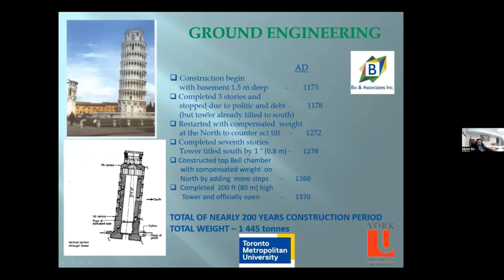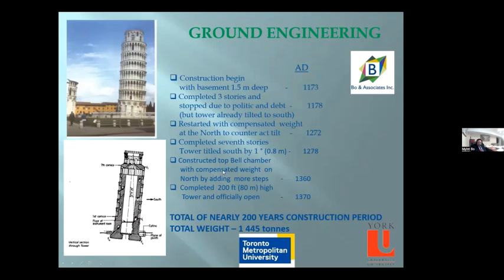About 5 years later, work stopped due to politics and death. But at the time, the tower had already tilted to the south. Then after nearly 100 years, they restarted with compensating weight at the north to counter the tilt. Six years later, they completed 7 stories up to here. At the time, the tower had tilted to the south by 1 degree.